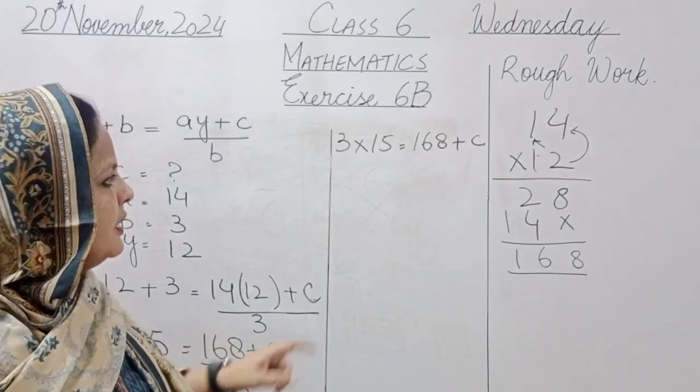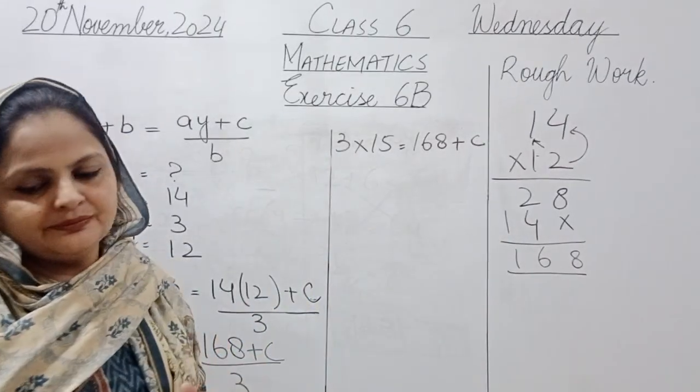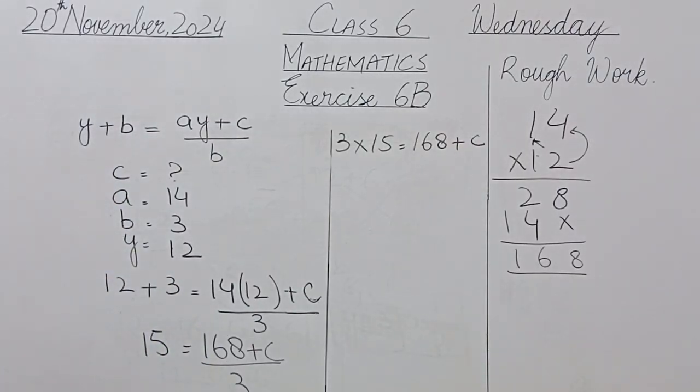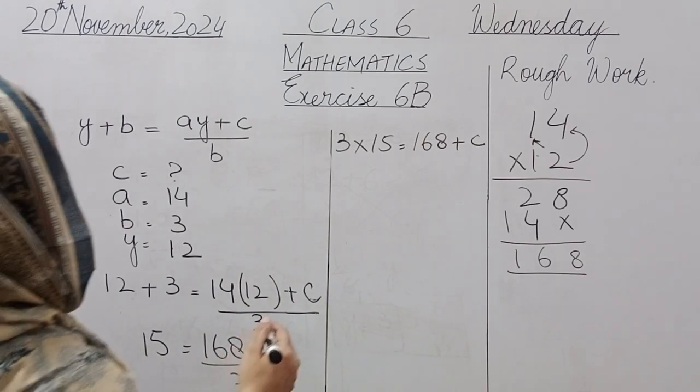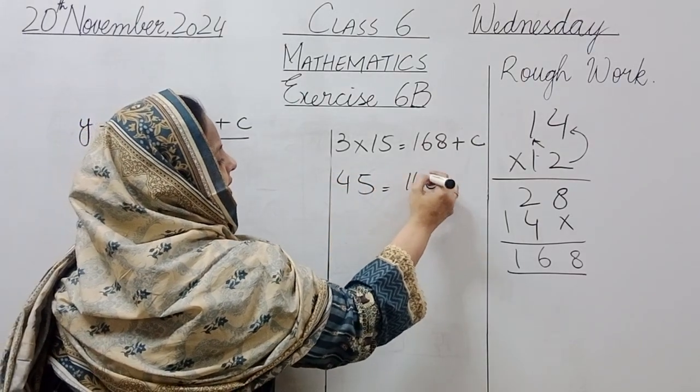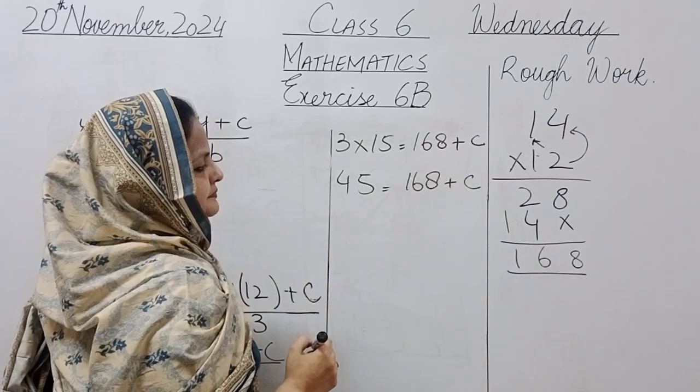It's very simple now. What is 3 multiplied by 15, or 15 multiplied by 3? Awais? Very good. It is 45 is equal to 168 plus c.